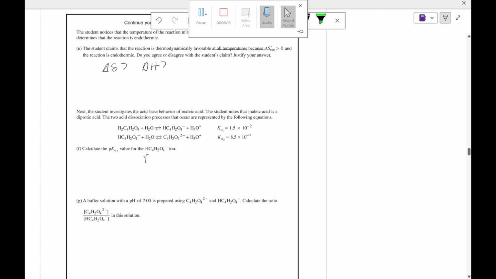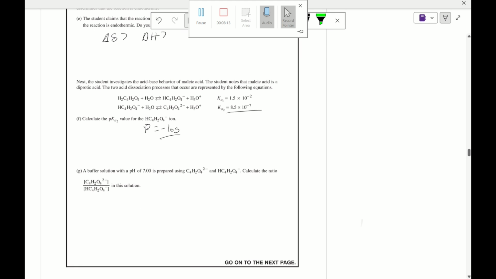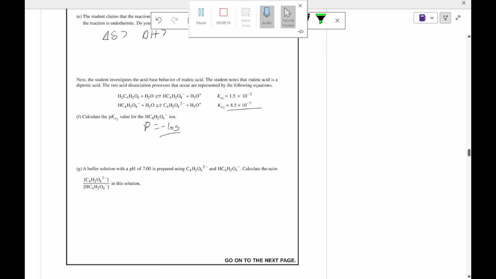For this one, we know pKa equals negative log. You just take the negative log of Ka2 and you get your answer. And then it's asking for a pH of 7. So we have 7 as our pH, and then set that equal to the pKa of the one you just found. So negative log of 8.5 times 10 to the negative 7 gives you about 6.07, so 6.1 with sig figs, plus log of the ratio.